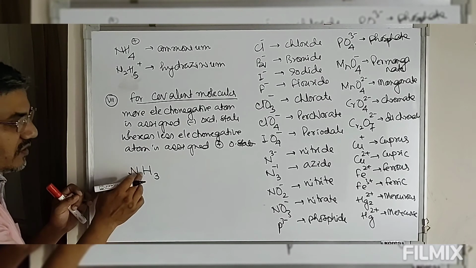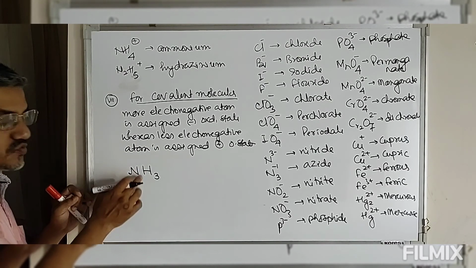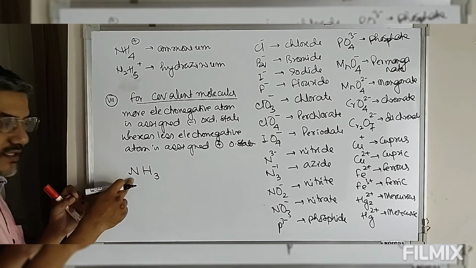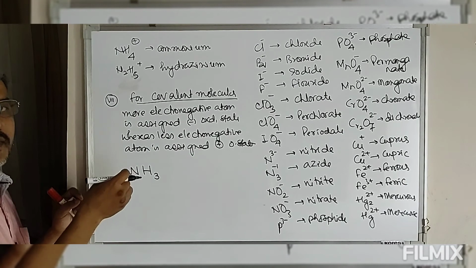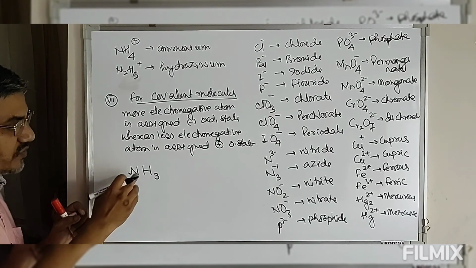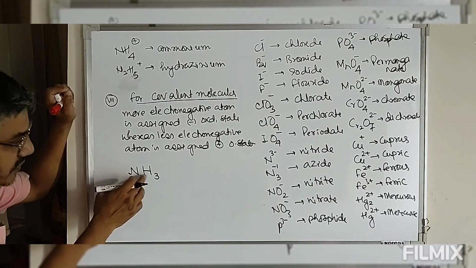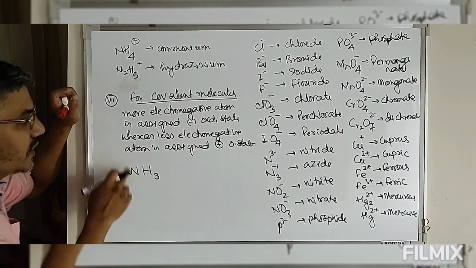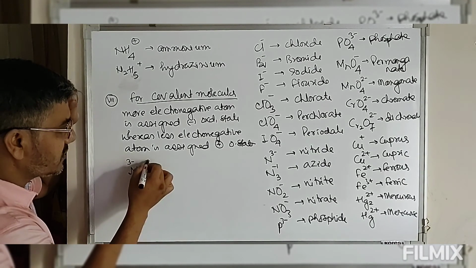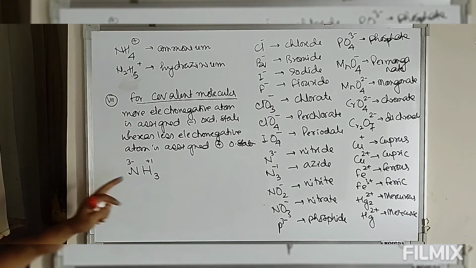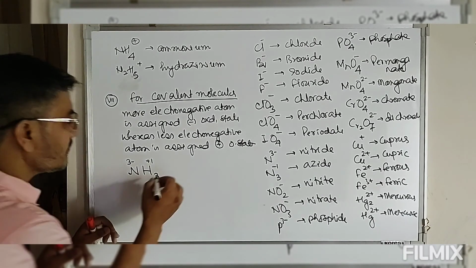For every electron withdrawn by the electronegative atom, there is 1 negative charge. Since we have 3 nitrogen-hydrogen bonds, nitrogen will be assigned minus 3 and hydrogen plus 1. So we have a total of 3 plus and 3 minus.